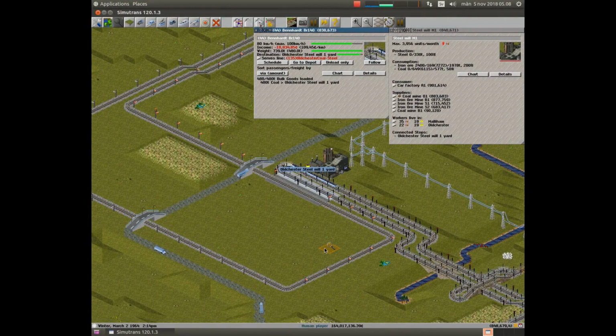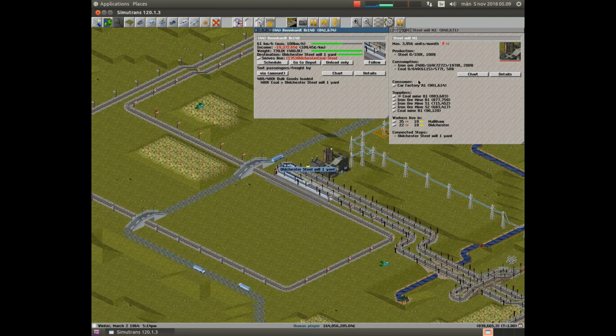This is the situation at the steel mill here. We have a train with coal just coming in on the station. The steel mill has plenty of iron ore, but no coal, and they have no steel and don't produce any steel at the moment. And now I start the time.